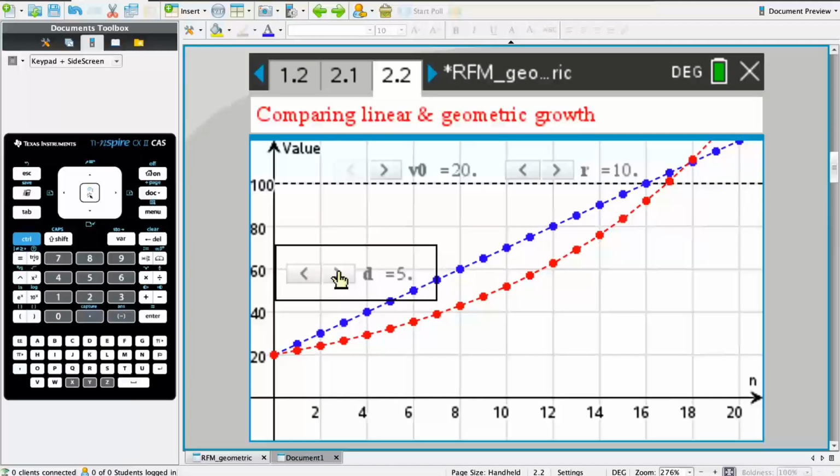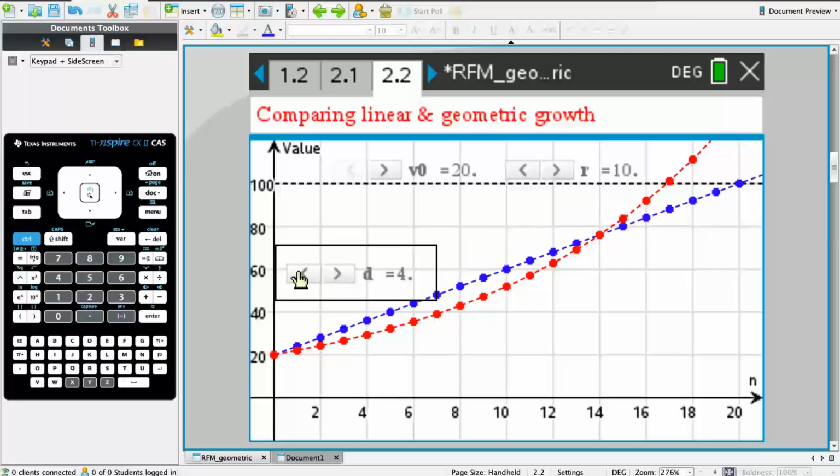So if it does it for 5 centimetres a year, if that really did describe the growth, then you'll have reached 100 before the other one. But if I go back to 4, we won't quite have reached it. So the answer should be somewhere between 4 and 5 centimetres per year.